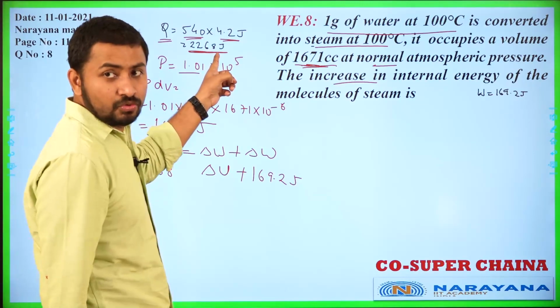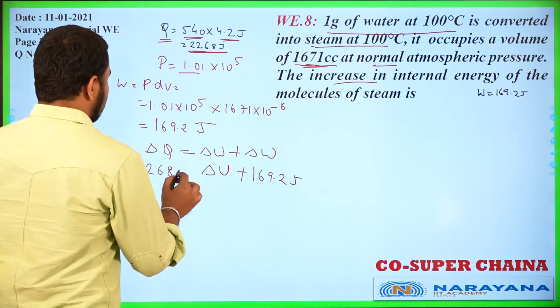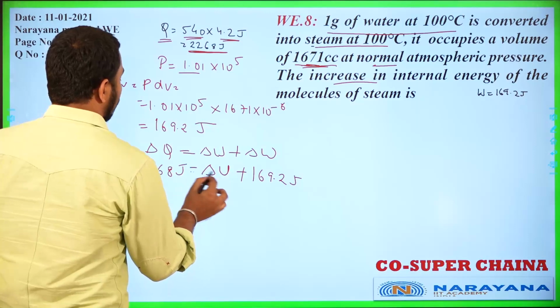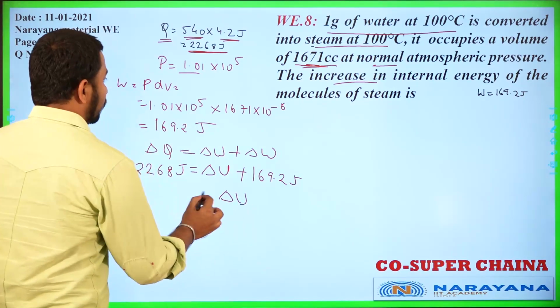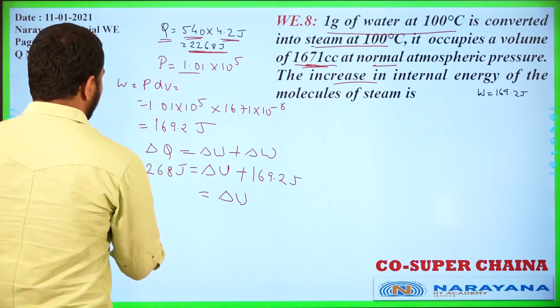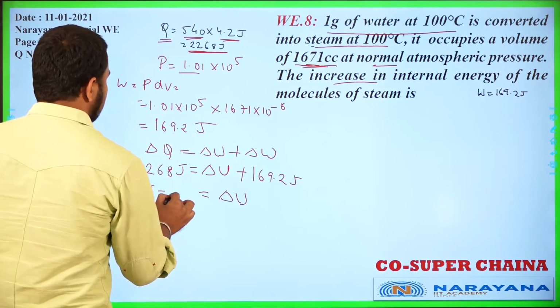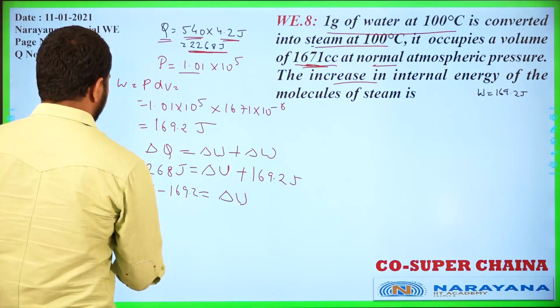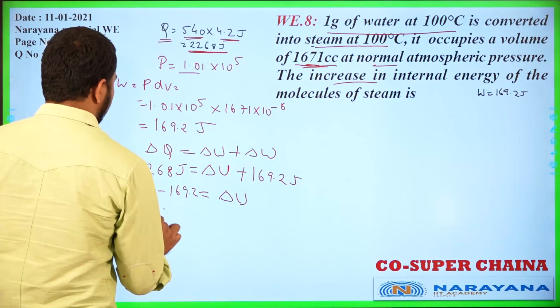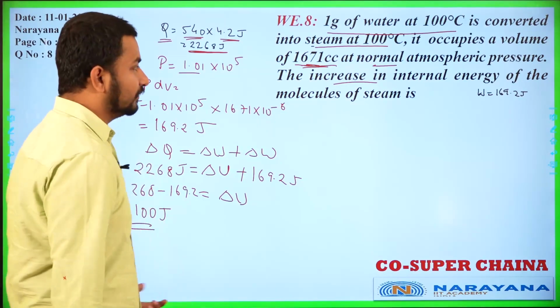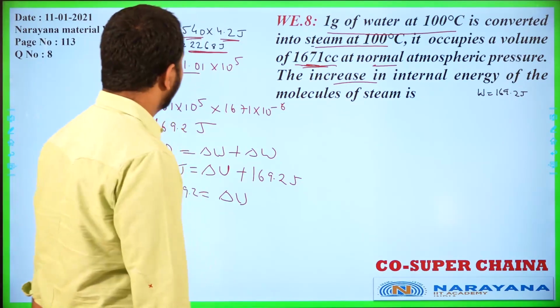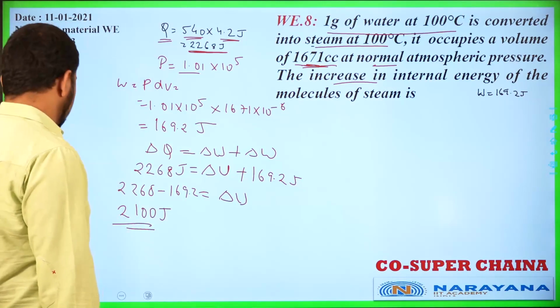That's why it will be 2268 joule. So delta U will be 2268 minus 169.2, approximately 2100 joule, and that will be the answer of this question. Okay, let's move to the next question, student.